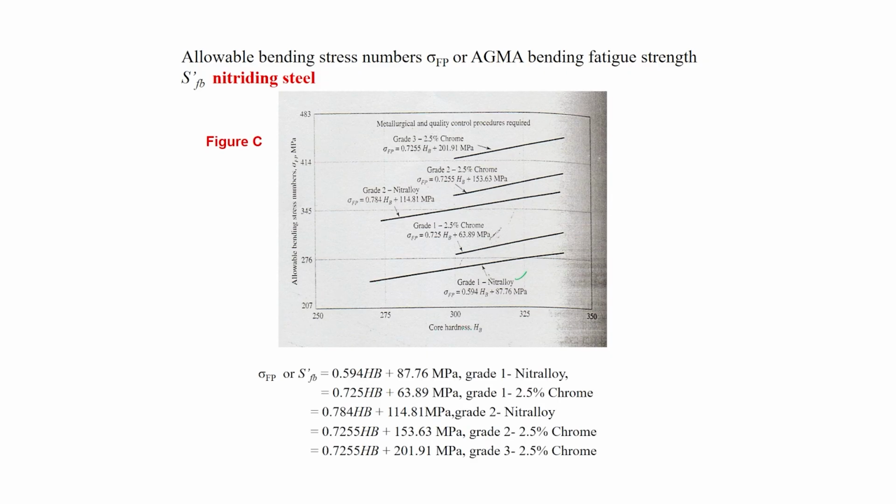Now, the best fit formula for nitralloy grade 1 is this one, 0.598 Hb, the Brinell hardness of the material. We have taken it as 320. So, we will substitute here 320 to get the bending fatigue strength.